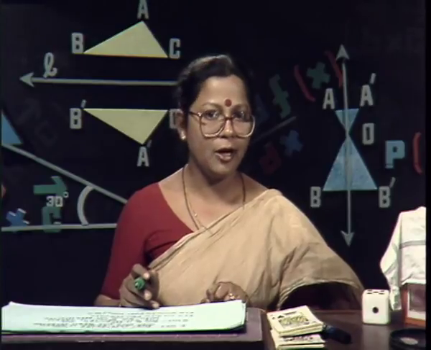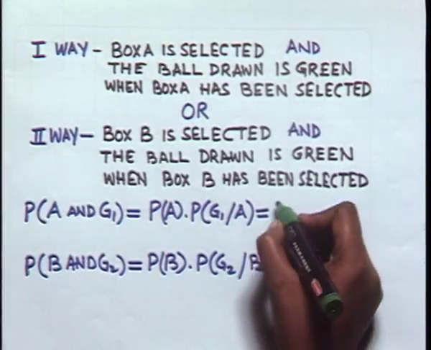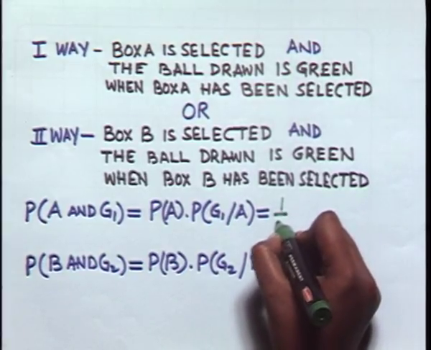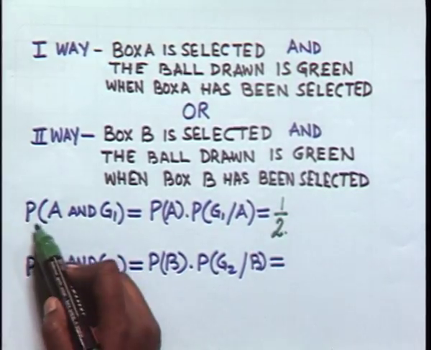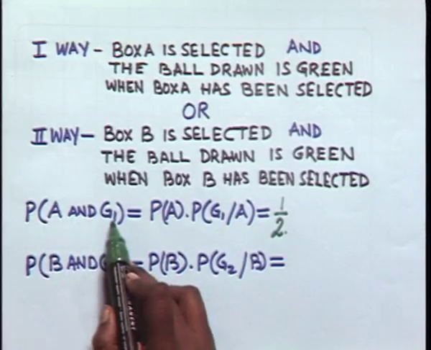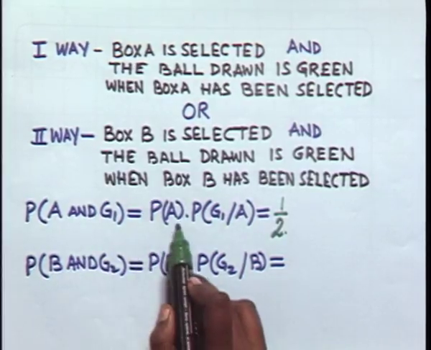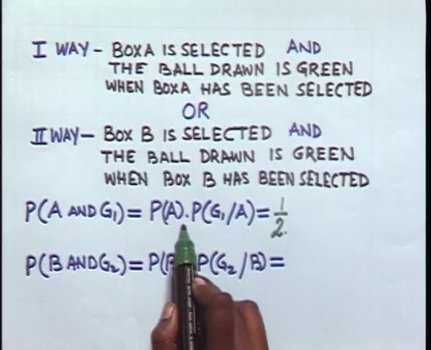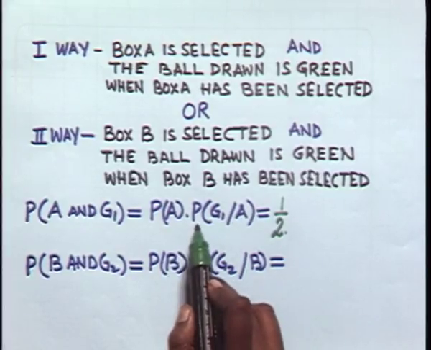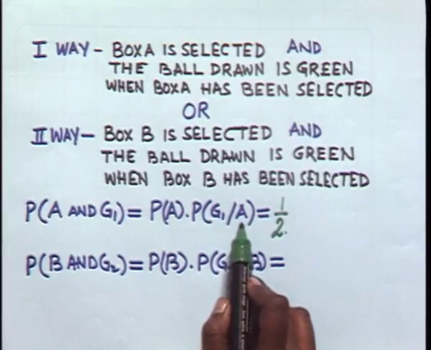Now, event A is selecting box A. So, probability of event A will be equal to 1 upon 2. We have to find out probability of event A and drawing a green ball from box A. That is equal to probability of event A multiplied by probability of drawing a green ball when box A has been selected.